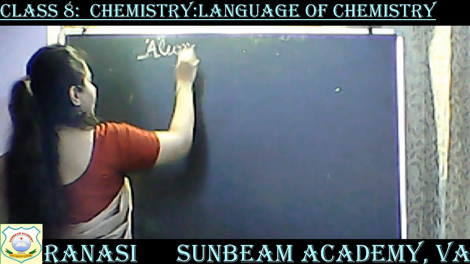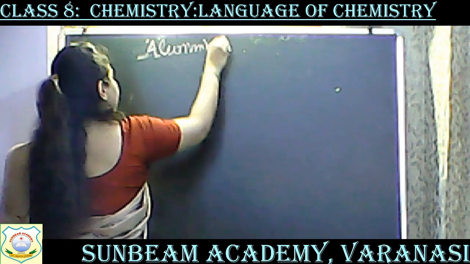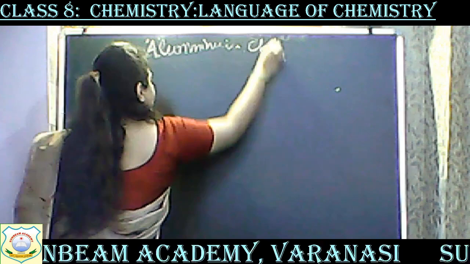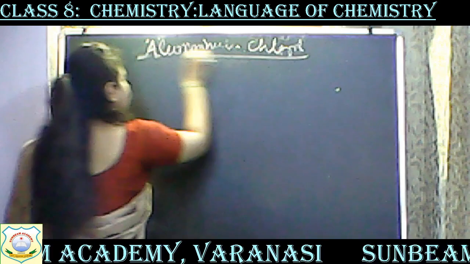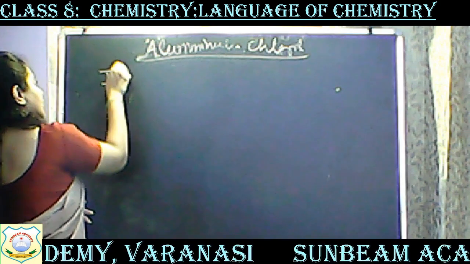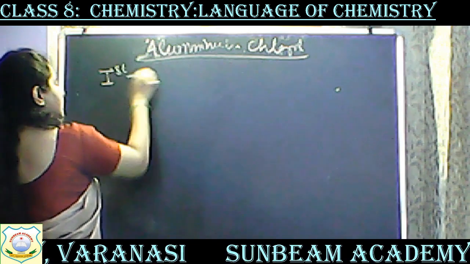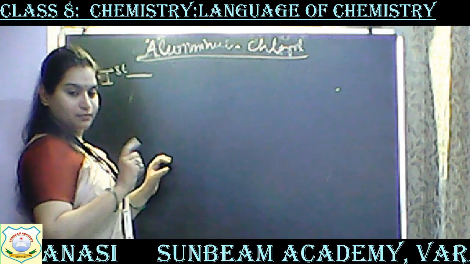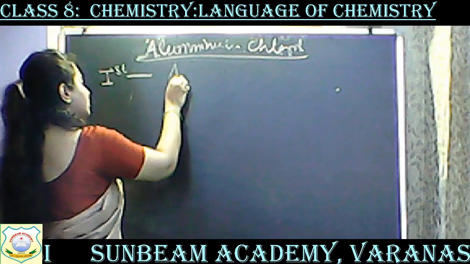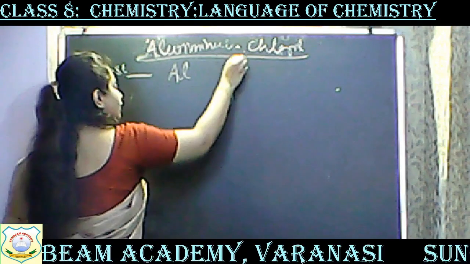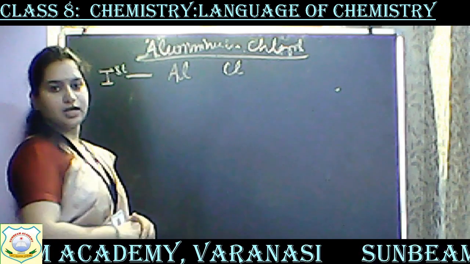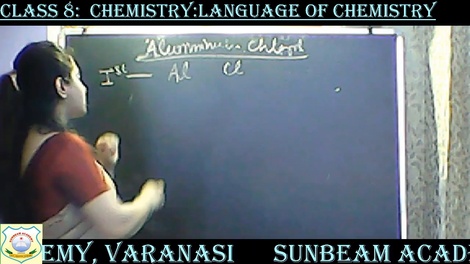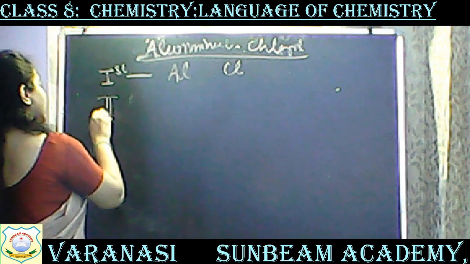So you have to write the formula of aluminium chloride. Okay. So what is the first step? First step is you will write the symbol. Alright. So what is the symbol of aluminium? It is Al. Symbol of chlorine is Cl. Clear? What is next step is we will write the valency.